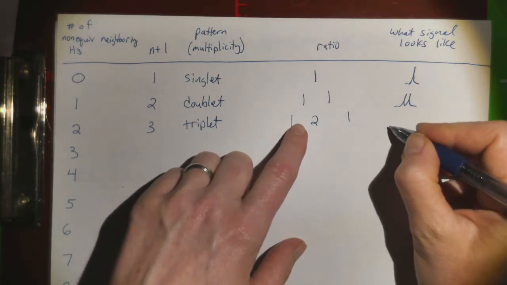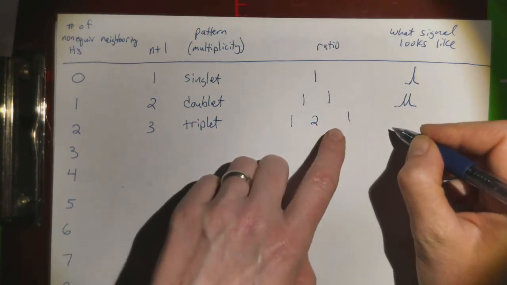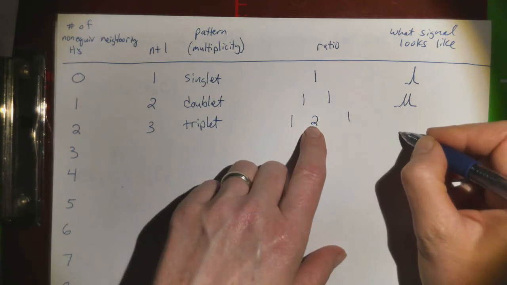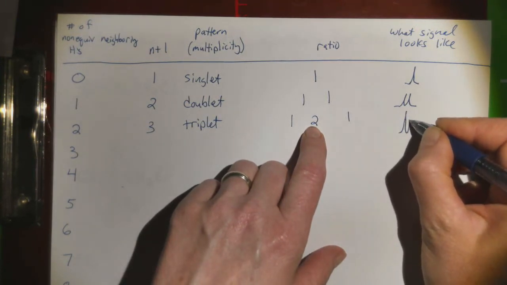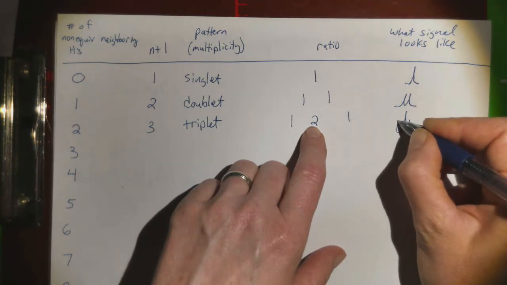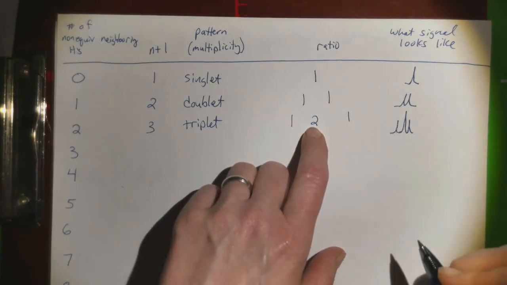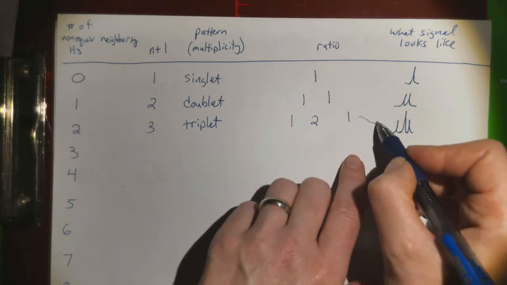So it goes 1 to 2 to 1. That means that the middle, I'm going to draw my triplet, has to be twice as high as either side. I could be really anal and get out a ruler, but I'm not. But here's your triplet.